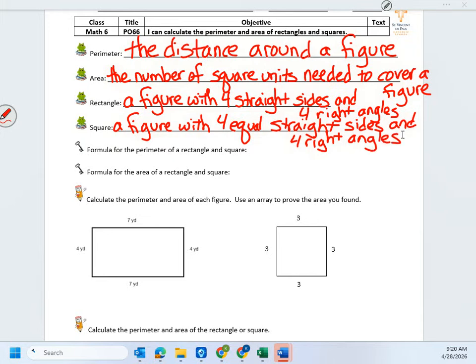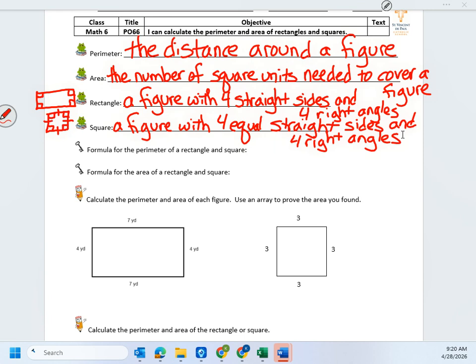So it is a type of rectangle, but it's a special rectangle in that the measurement of each side is the same. So we know our rectangle can look something like that. A square has to all be congruent sides. So they have to have the right angles for both shapes. And then the square also has four congruent sides.